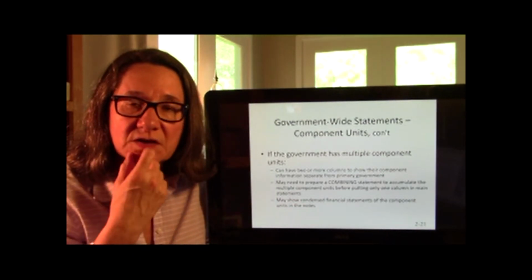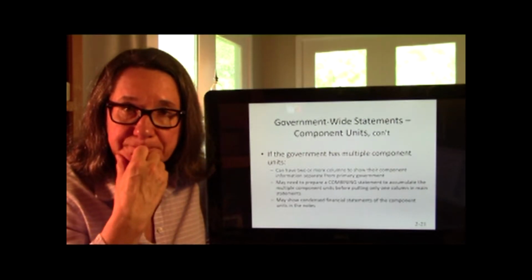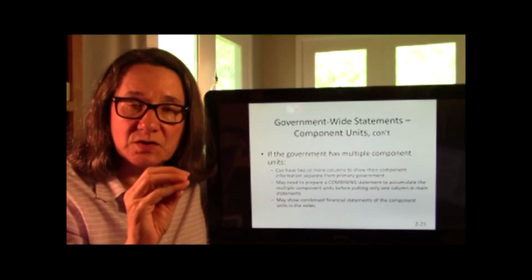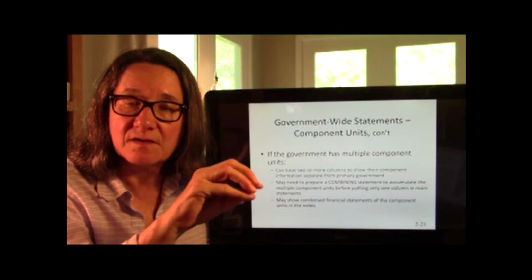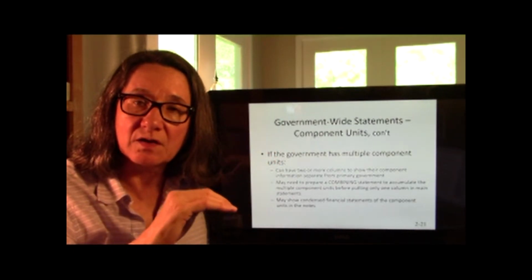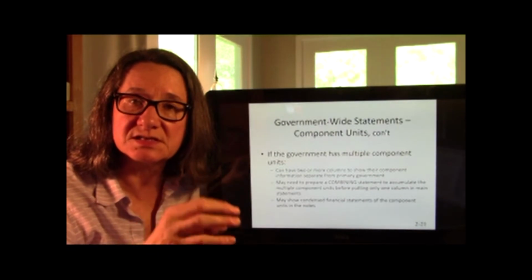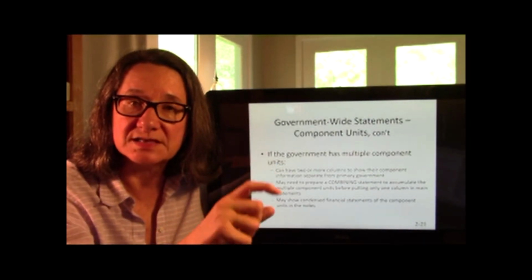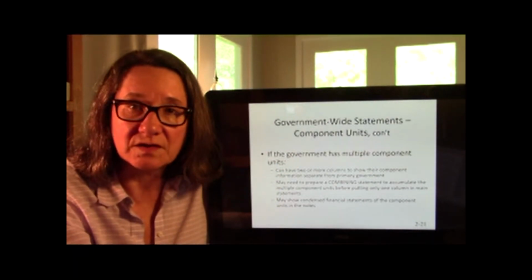So if you were to look at the state of Texas, you might see that the universities are separate units, but they're all combined into systems, and the systems are combined into a column that says colleges and universities.